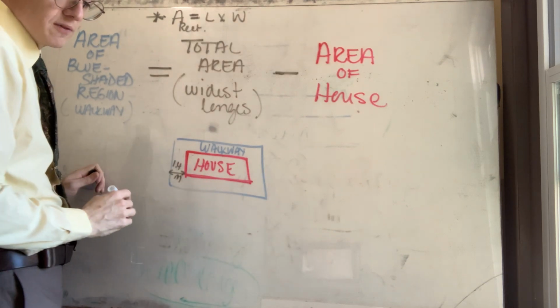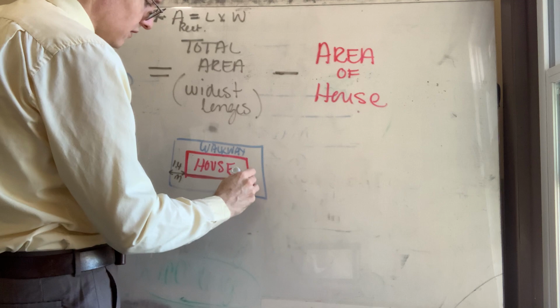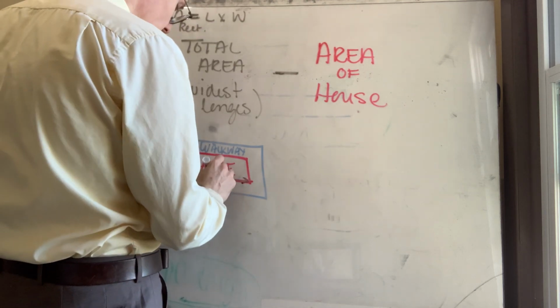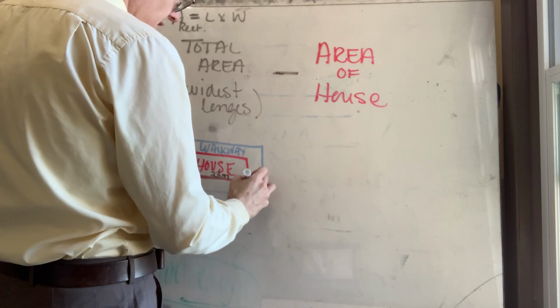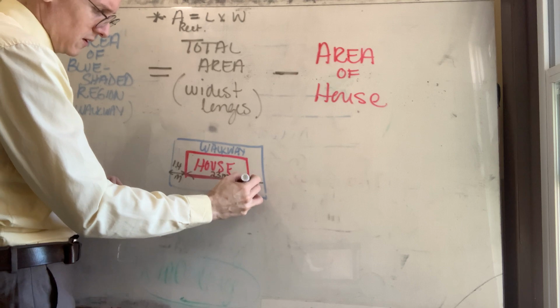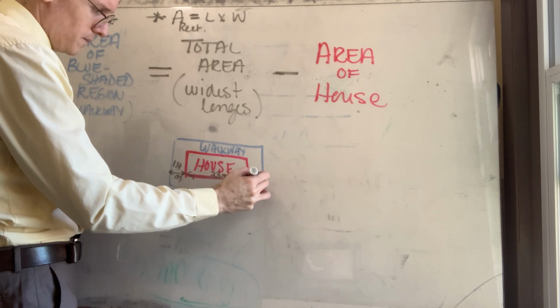The dimension given from here all the way to the other side of this red rectangle is 23 meters. And because it's a uniform walkway, the same width all the way around, this is also 1.4.